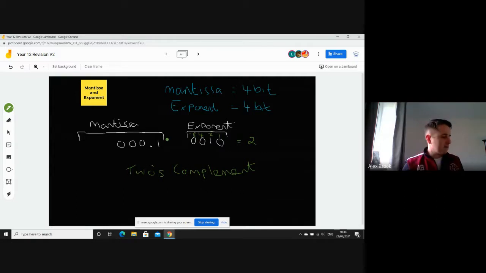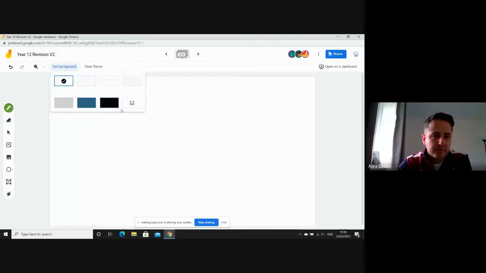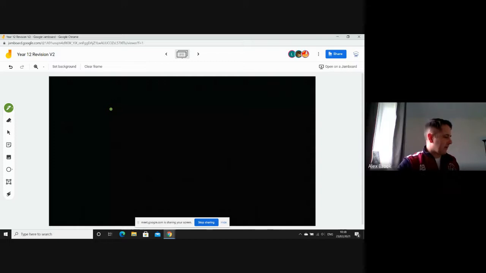The first bit that we're going to look at today is what certain numbers are represented as using Mantissa and exponent. If I have a look at the next one, you could be given this number and you've got to work out what the situation is.